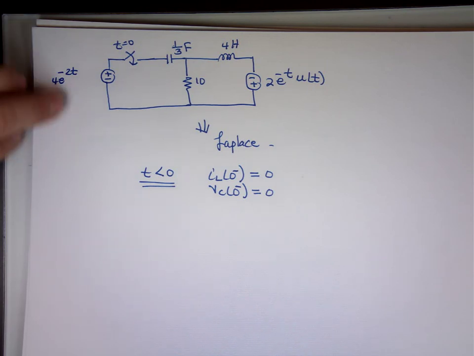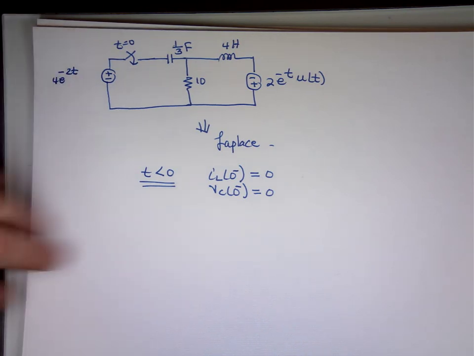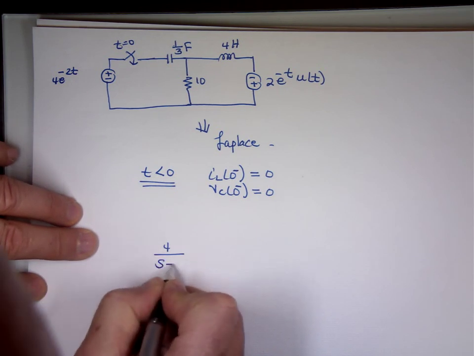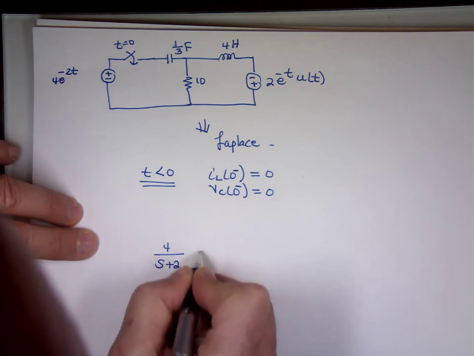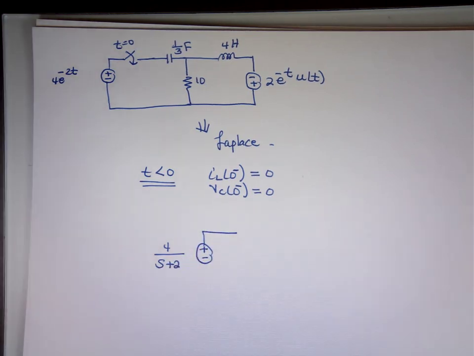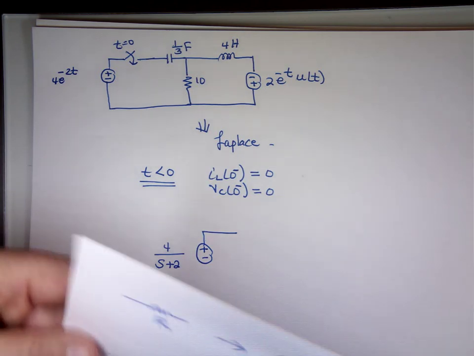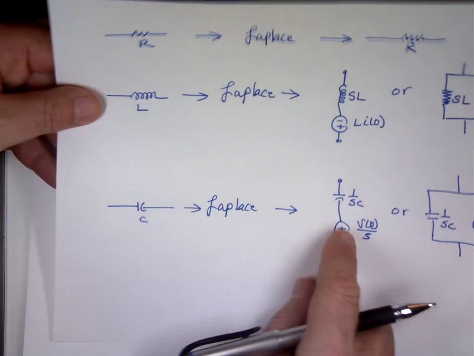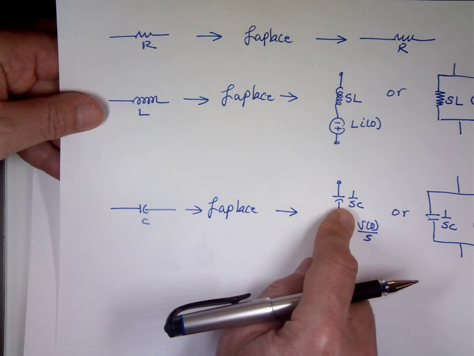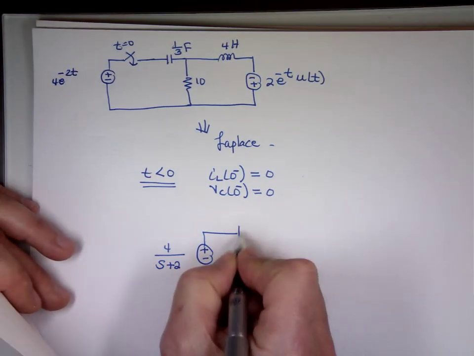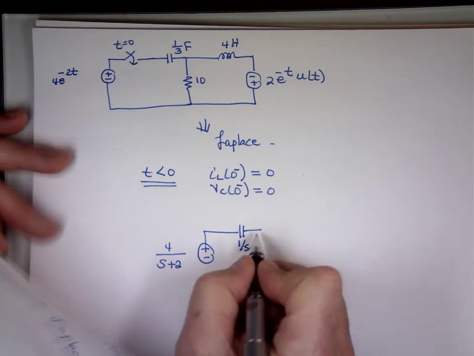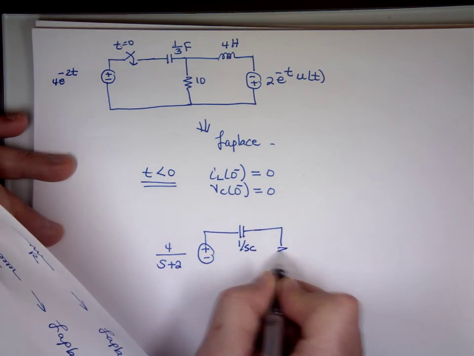Now let's look at this. What's the Laplace of 4e to the minus 2t? 4 over, is it s plus 2? Now, here we go. The Laplace of a capacitor, since the initial conditions are 0, either way is going to be 1 over SC. The 10 ohm stays 10.